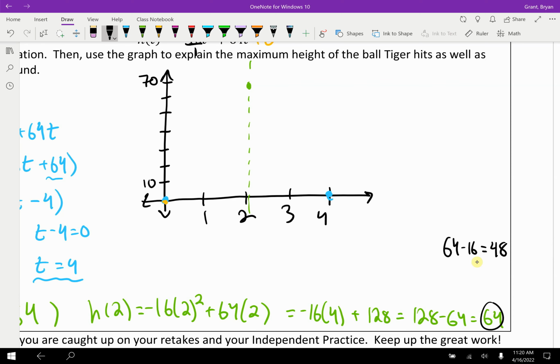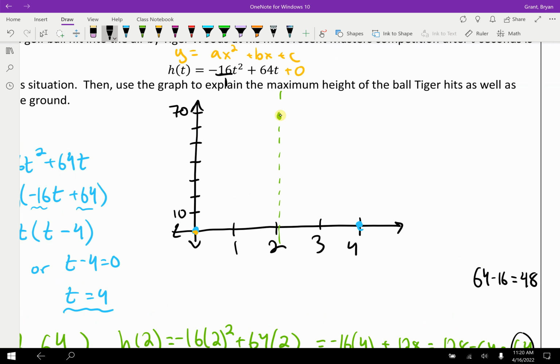I think 48 and 16 is 64. Seems right. So that means we could go down to 48. So here's 10, 20, 30, 40. 48 is kind of right in here. And then over 1 in each direction, and those will give us 2 more points. You could, of course, have just sketched in your parabola. Something like that. There we go.